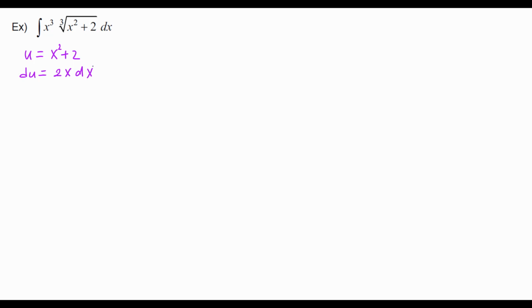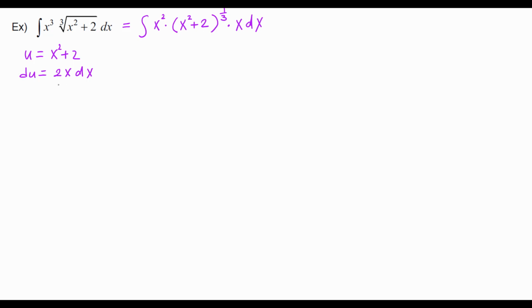All right. Well, I need 2x dx, but I have x cubed dx. So what you could do is rewrite this, have an x squared there instead of x cubed, and the cube root, let's change it to a power. So I have x squared plus 2 to the 1/3 power, since it's a cube root. And remember, I originally had an x cubed, so I'm gonna make that x squared times x dx.